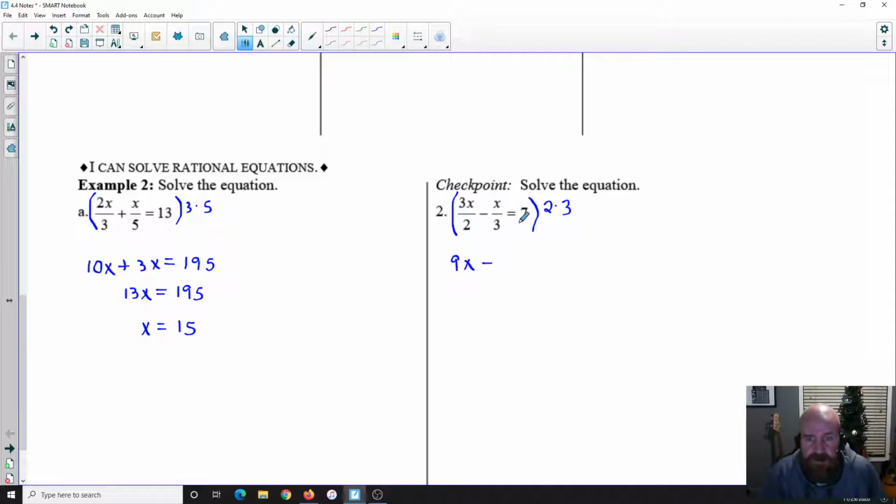Second fraction, the 3's cancel out, so we get 2 times x. And then we get 7 times 6, 42. We get 7x equals 42. And we divide and we get x is 6.